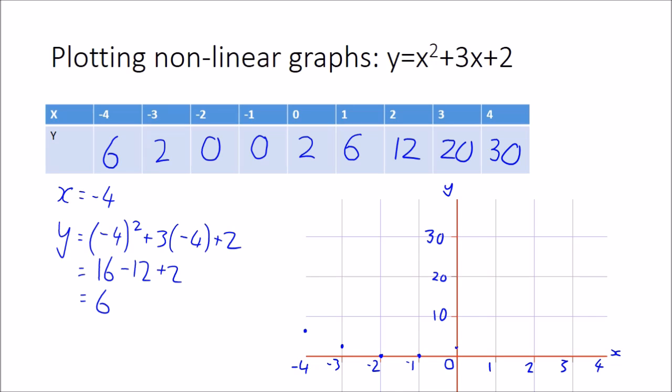Then we go back up to 2, then 6, and then it gets kind of interesting because we're starting to jump up into the somewhat bigger numbers. 12, actually my 6 is a bit high there, but that's all right. 20, and then 30.